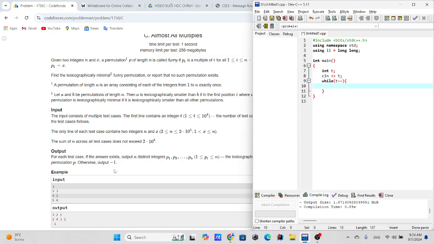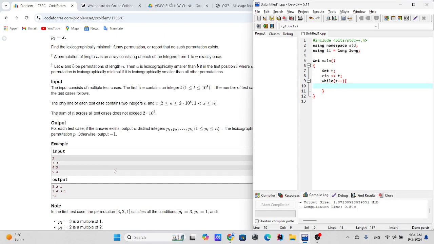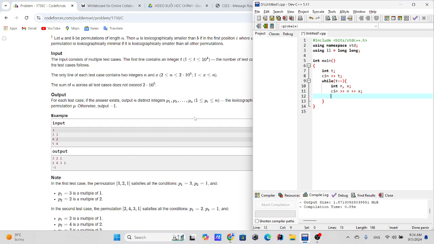Let's read the input. n and x, right? Read the input. Now what? Okay, if n is prime, then yeah, print -1 and then continue.